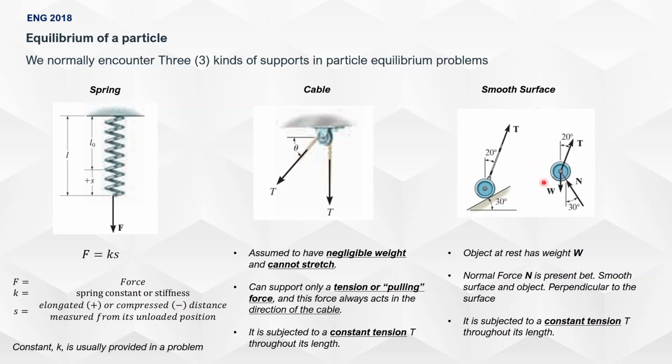Essentially, if you are going to draw it again, it'll look something like this. So you have your x, y. You have your tension here. You have the weight here. Let me just differentiate the color properly.